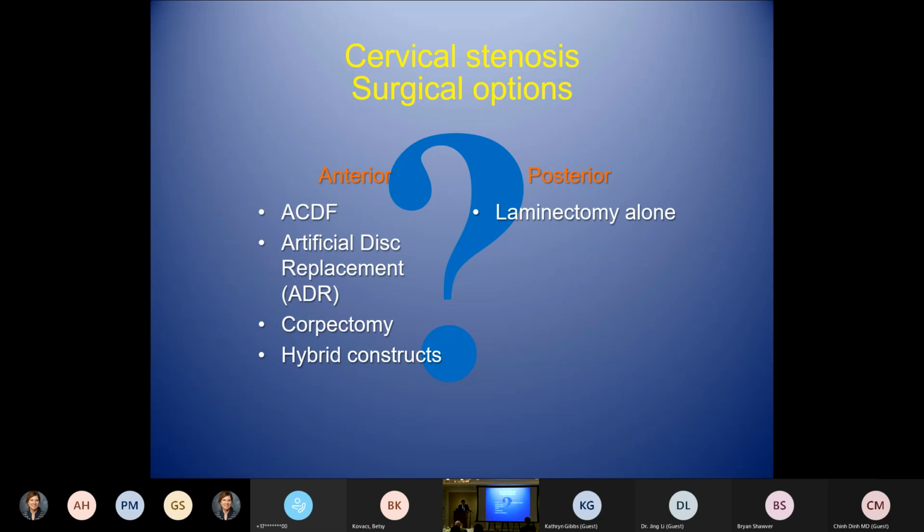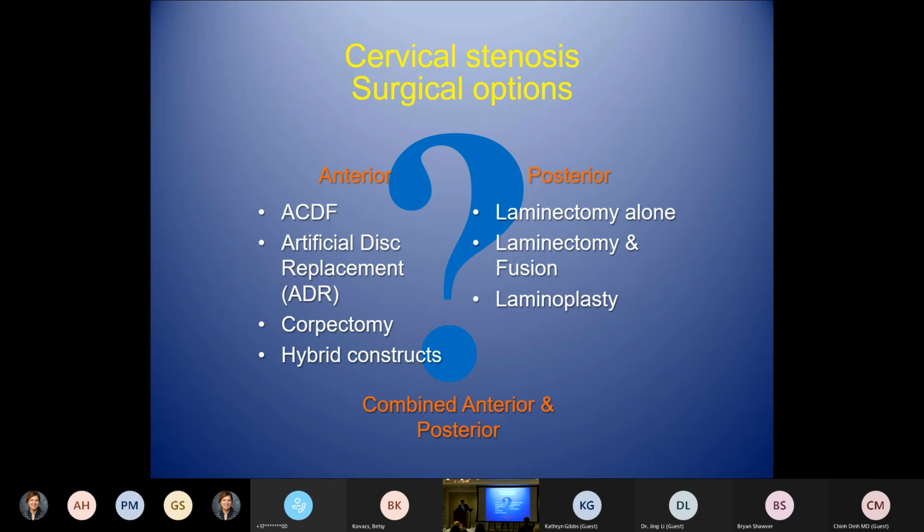Then there's posterior options, which is laminectomy only, which is a similar operation to what we would do in the lumbar spine. A laminectomy and fusion, where we do a decompression of the spinal cord and then stabilize that with placing screws and rods. Or a laminoplasty, which we'll talk about later as an alternative to a laminectomy and fusion, which is one of my favorite operations.